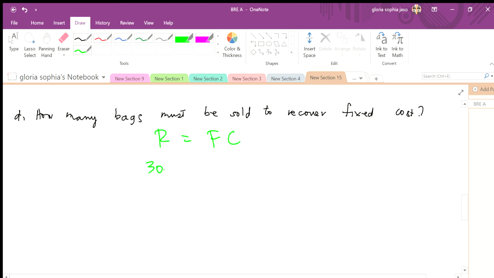We know that R is equal to 300x and FC is 2,160. Dividing both sides by 300, we will get 7.2, or 8 bags. We must round up here because we have decimal and bags, we cannot have 0.2. So, 8 bags is what we will use.